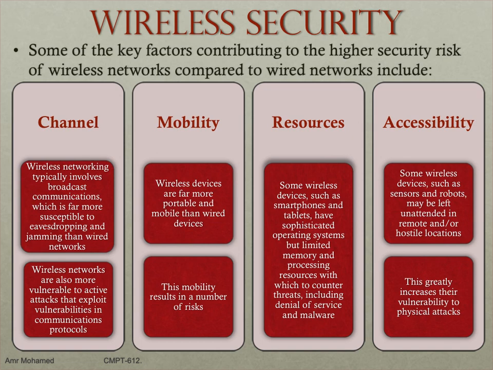Okay? Resources, we talked about it. Some wireless devices such as smartphones and tablets have sophisticated operating systems but limited memory because of this portability issue. Accessibility also: some wireless devices such as sensors and robots may be left unattended. Wireless allows us to deploy plenty of these wireless devices very easily, right? In the environment.